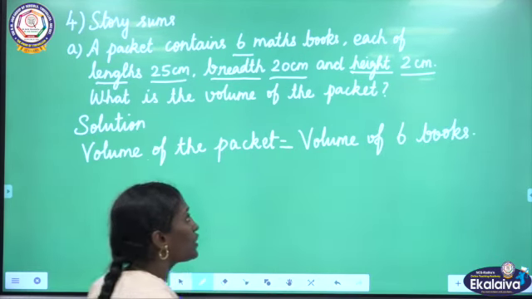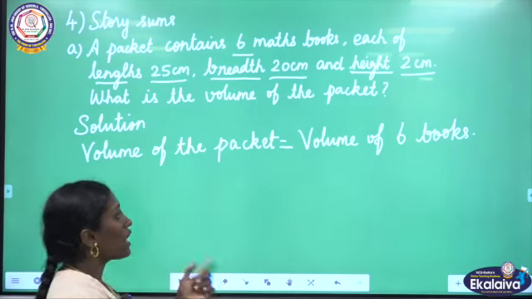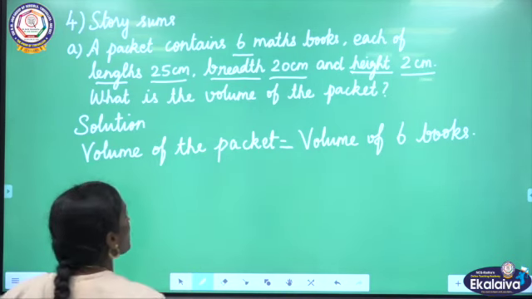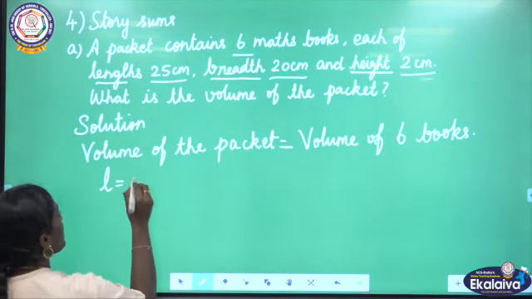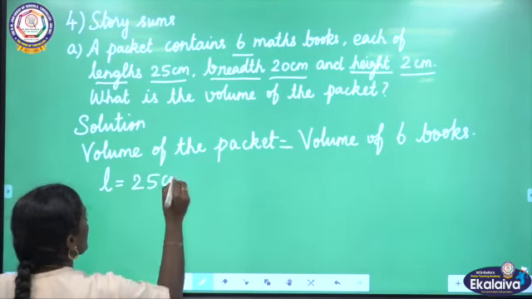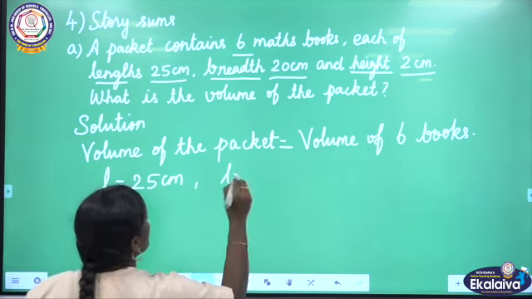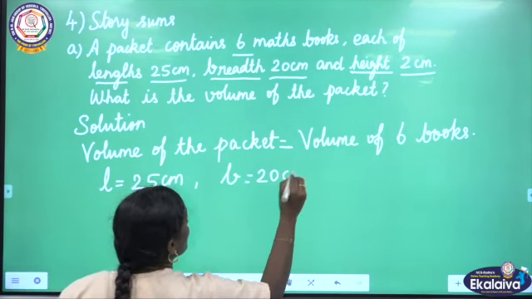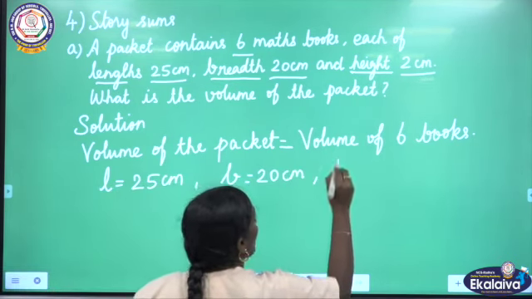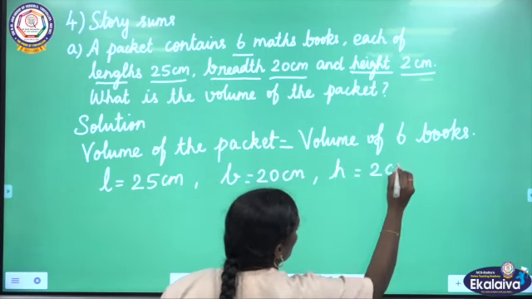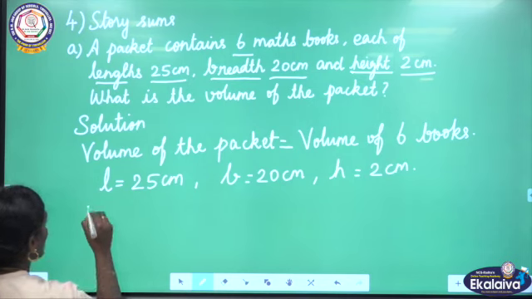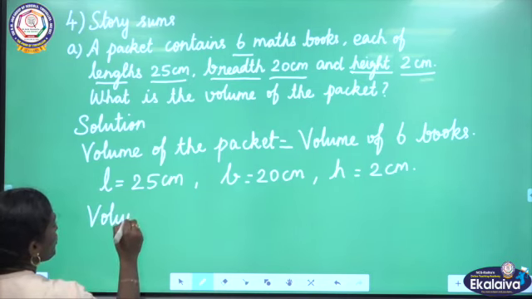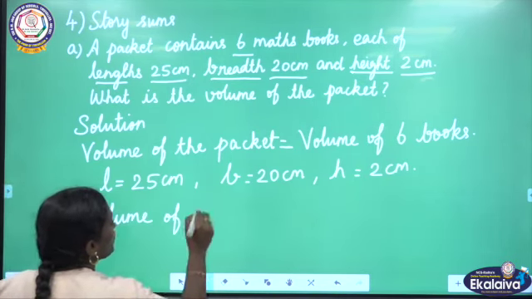So, first we are going to find the volume of one book. After that, we are going to find the volume of 6 books. So, length of the one book is 25 centimeter and breadth is equal to 20 centimeter and height is equal to 2 centimeter. This is the measurement for one book. By using these, we are going to find the volume of one book.